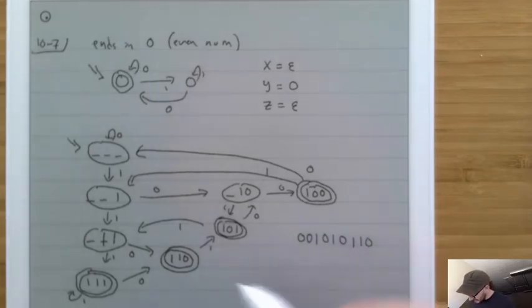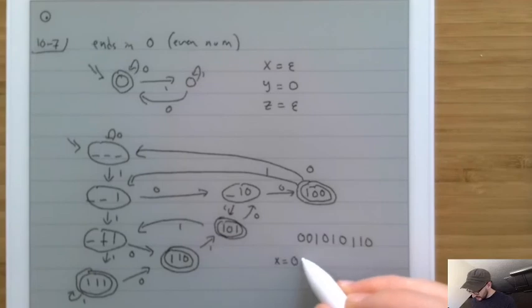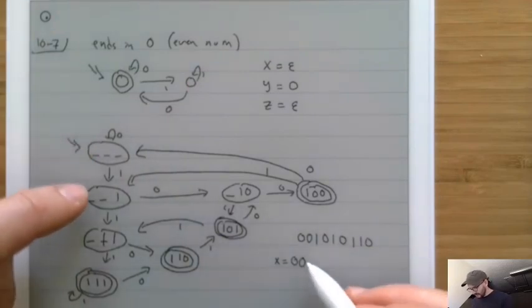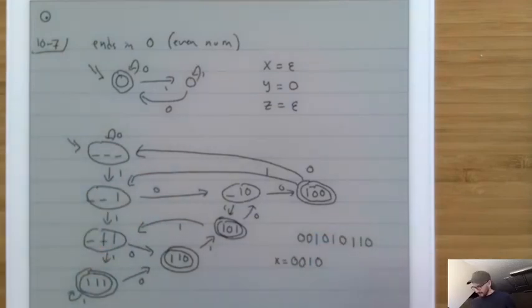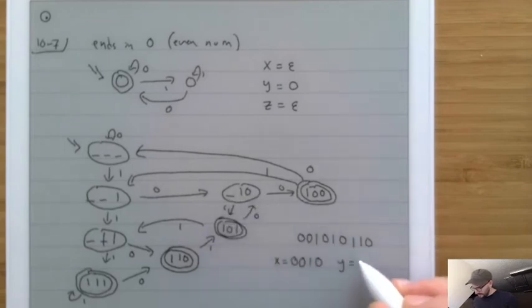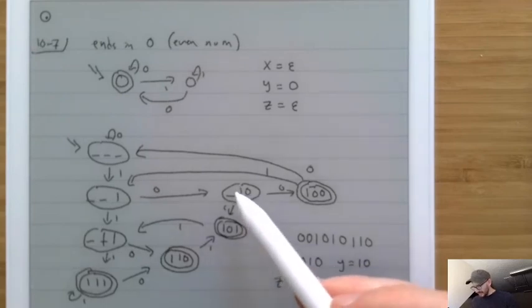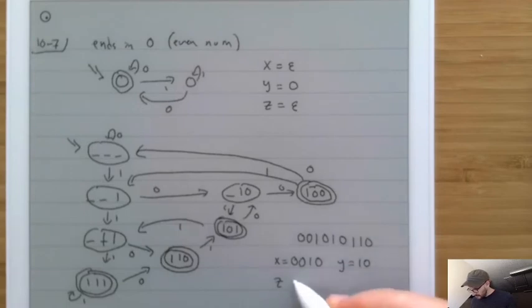So the path to get to there the first time, X, is 0, 0, 1, 0. And that's how we get there the first time. And then Y is how we get back. We see 1, 0, 1, 0. And then Z, which gets us to the end, is 1, 1, 0.